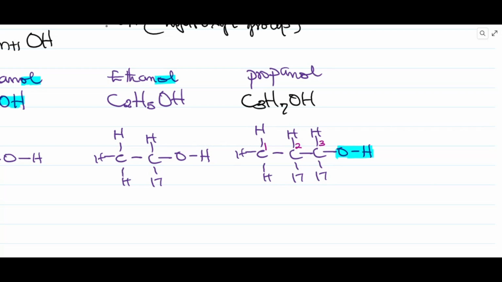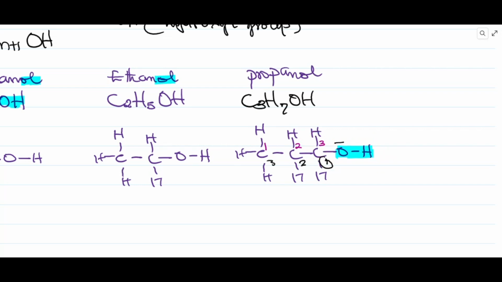To check whether this 3 is correct or not, it's carbon number 1 again, number 2, number 3. So this carbon is number 3 and also number 1. We take the lower of the two numbers. The OH is attached to the carbon that is labeled number 1 and number 3.